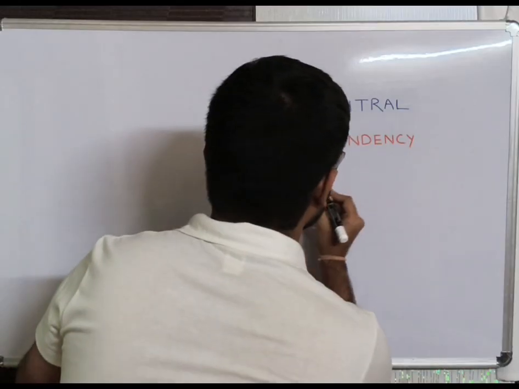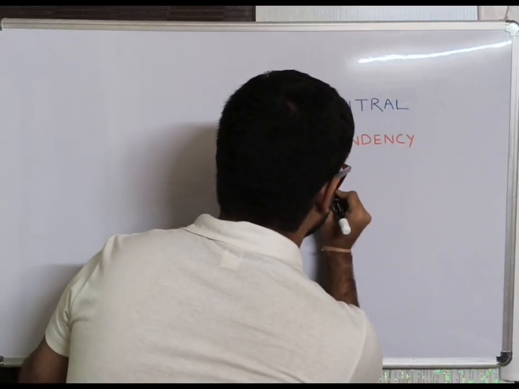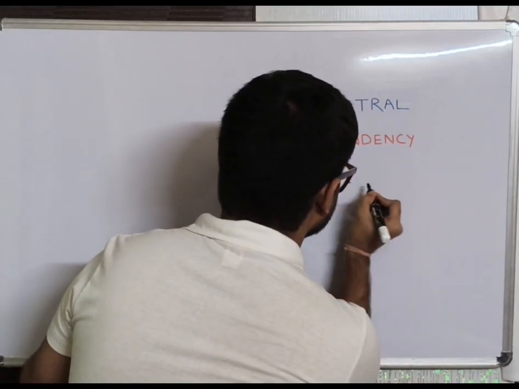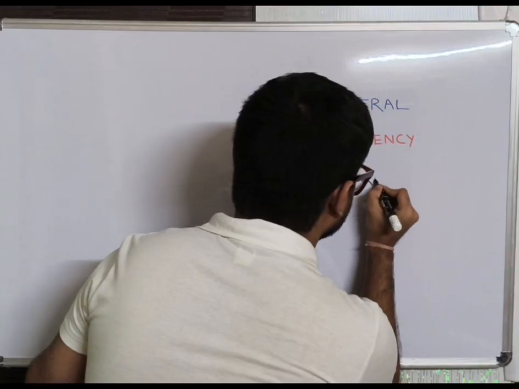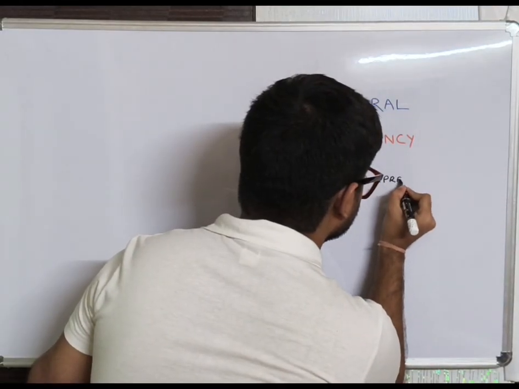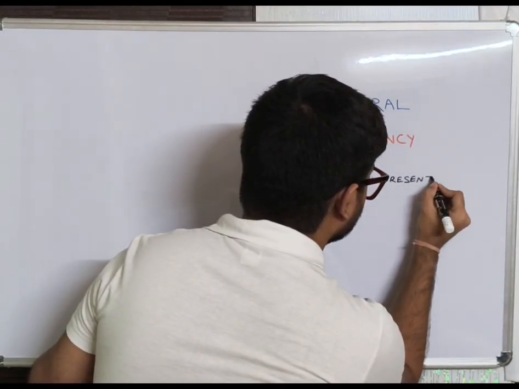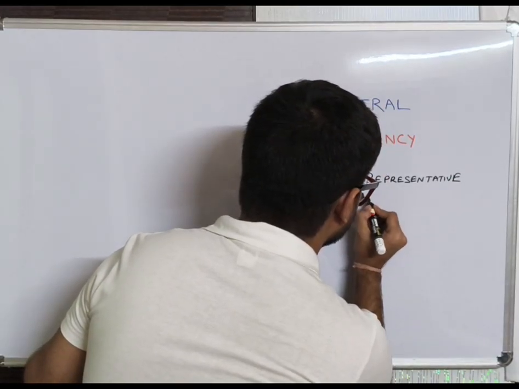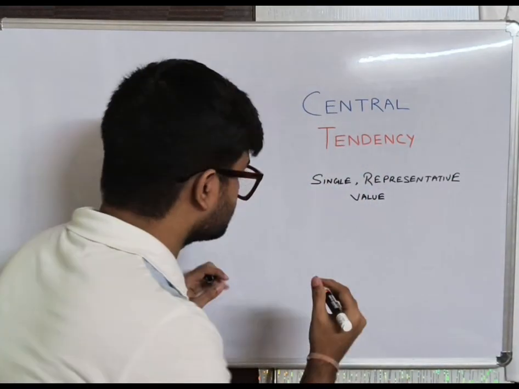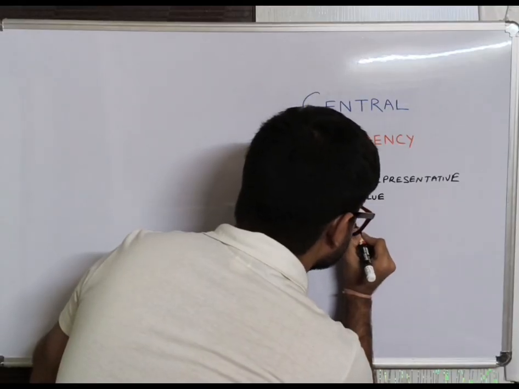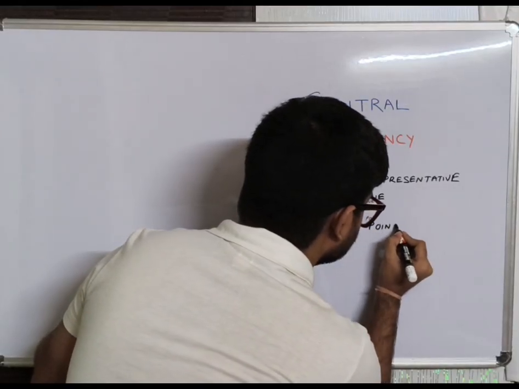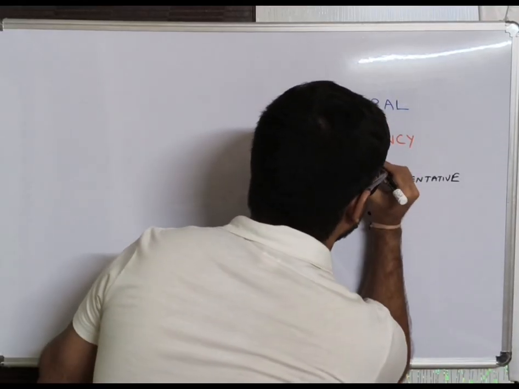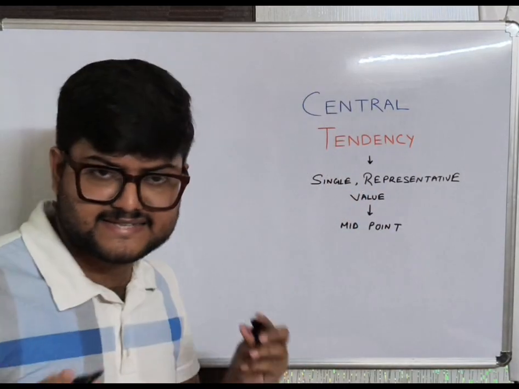So it is a single representative value that shows the midpoint of the data set.